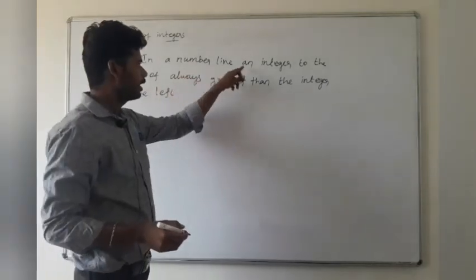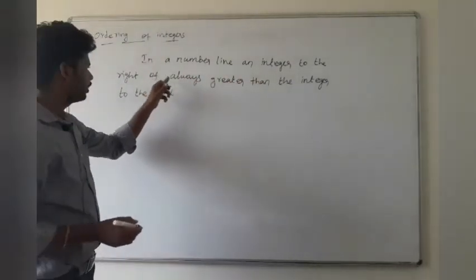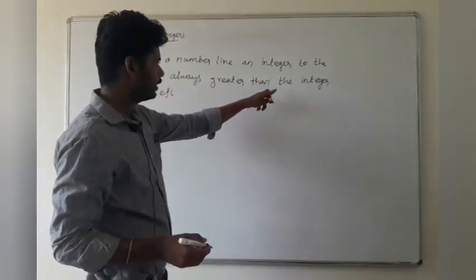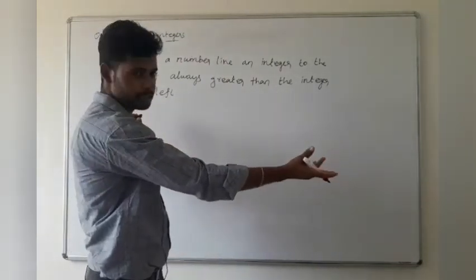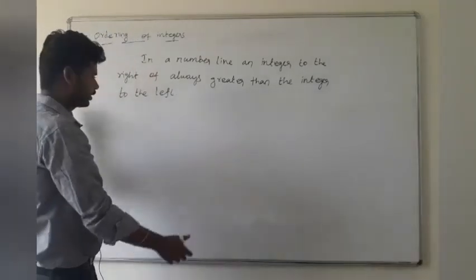Already you know the number line. An integer to the right is always greater than the integers to the left. Right hand side is fully the greatest number, left hand side is fully the lowest number.